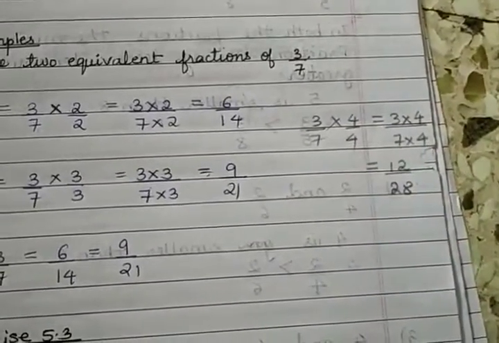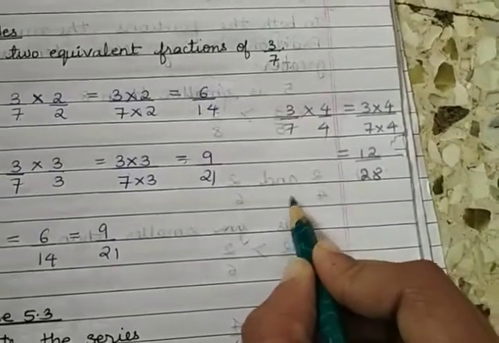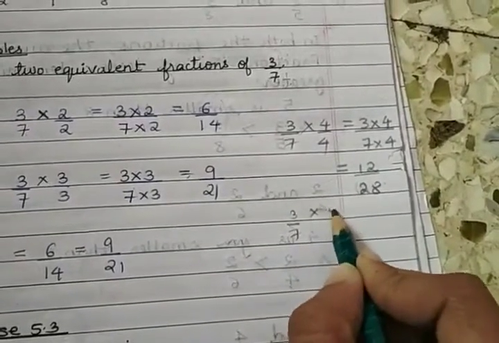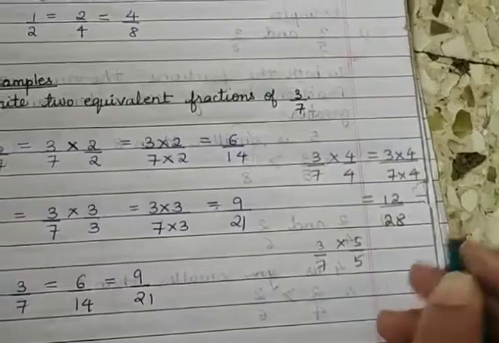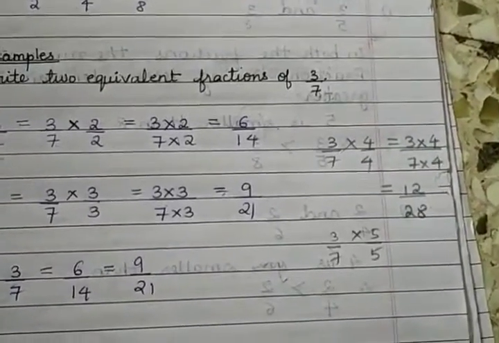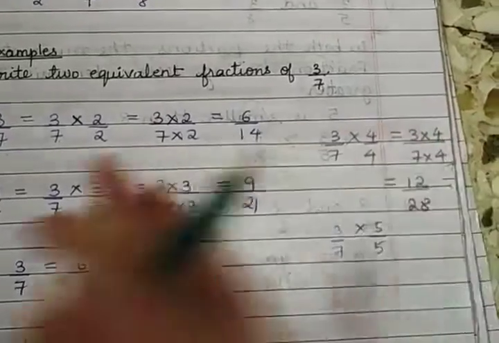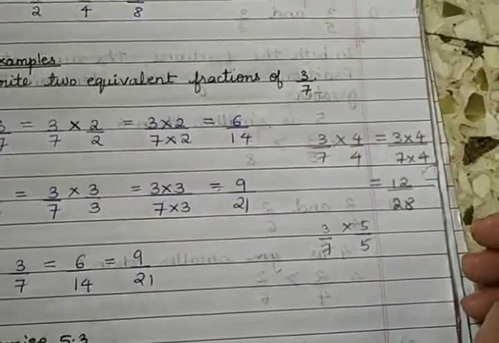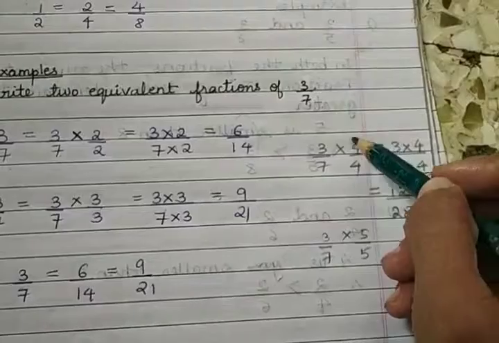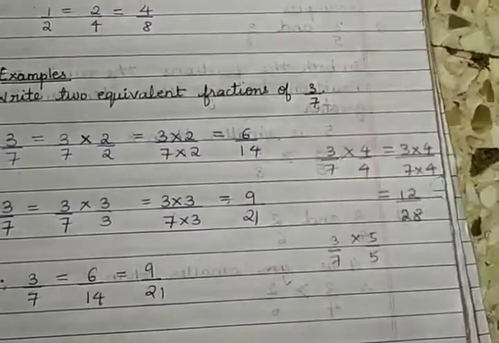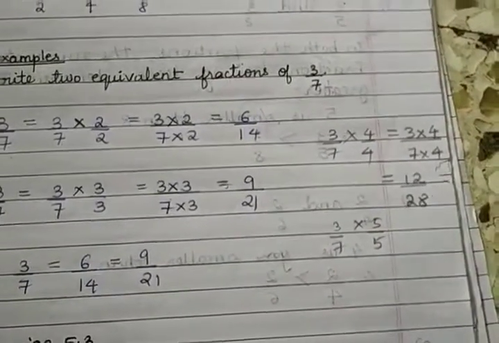If you are asked to find 5, then you multiply the numerator and denominator by 5. Similarly, you can find any number of equivalent fractions by multiplying the numerator and the denominator by the same number.